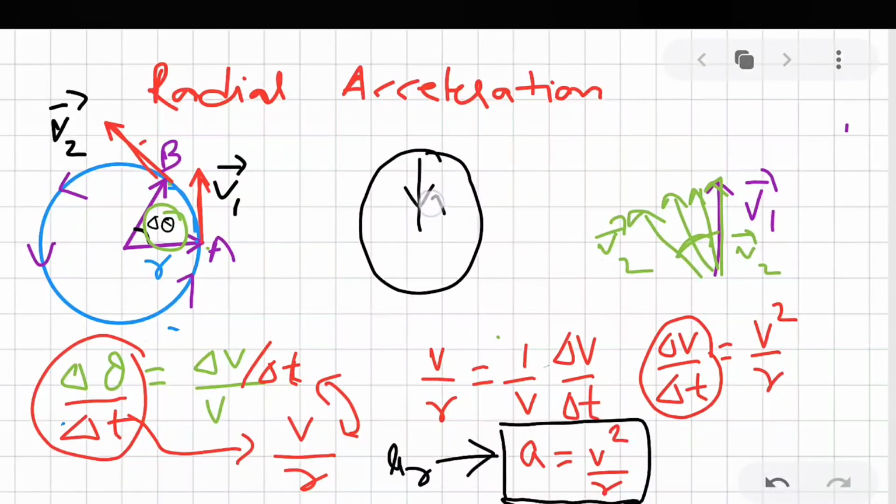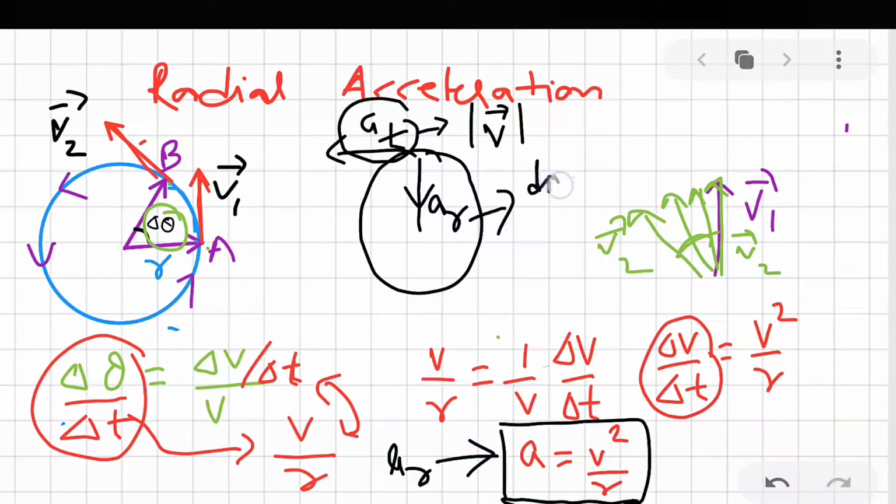One is along the radius, called radial acceleration, and one is along the tangent, called tangential acceleration. The purpose of tangential acceleration is to change the magnitude of velocity, and radial acceleration changes the direction of velocity.